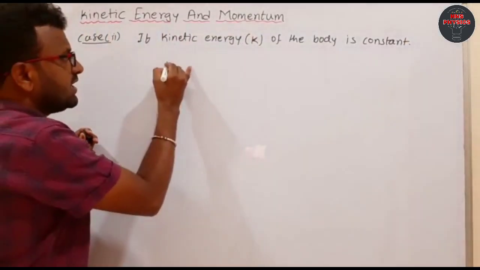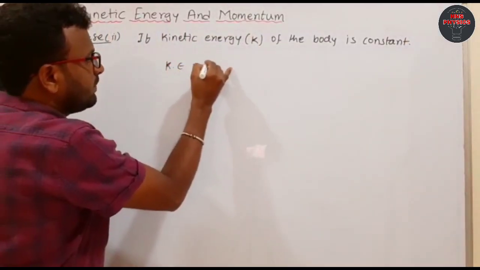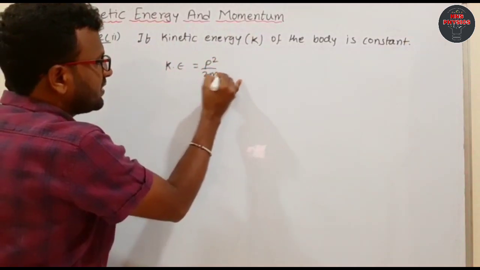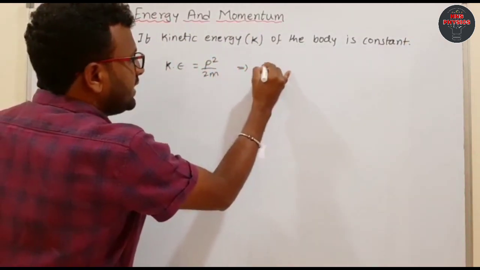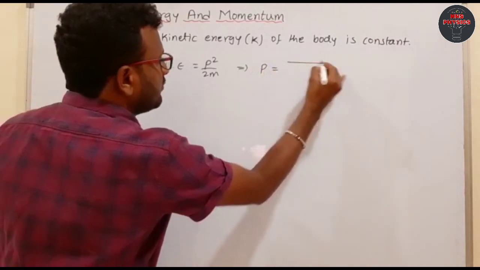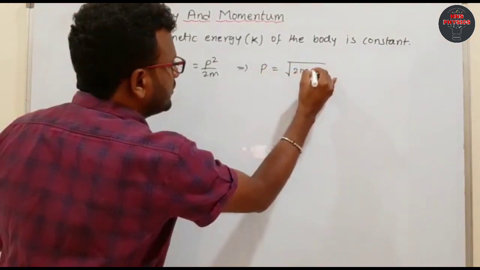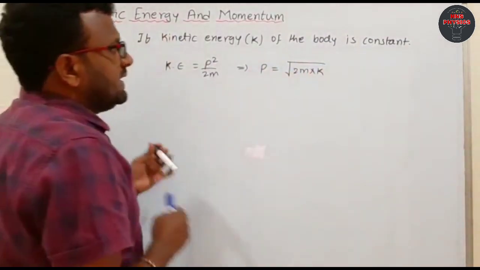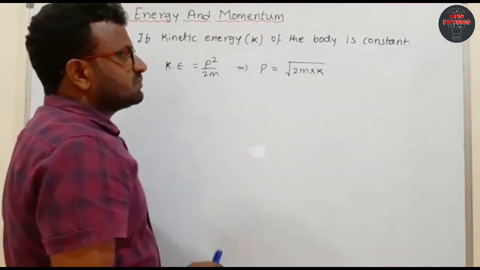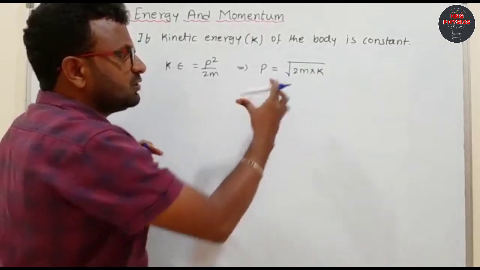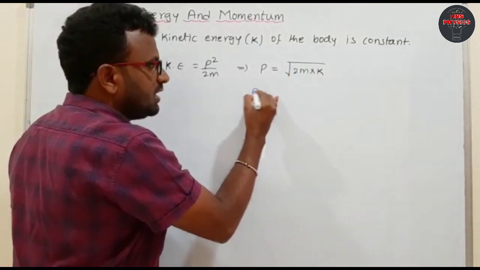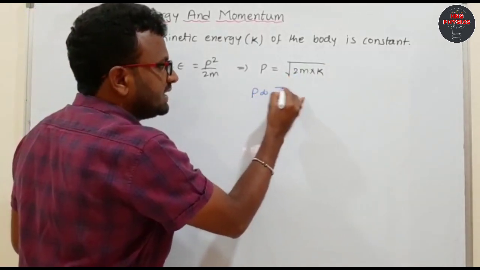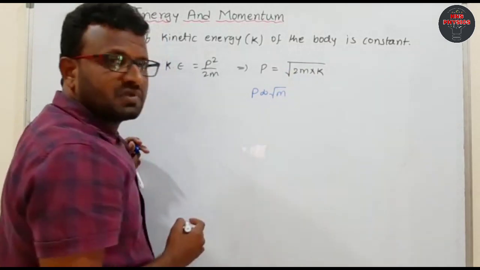Kinetic energy equal to p square by 2m, or we can write p equal to root over 2m into kinetic energy. Here kinetic energy of the body is constant, this is constant, means 2 is also constant. From here I am going to write P is directly proportional to root m.